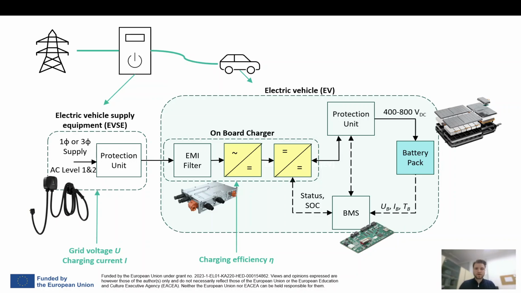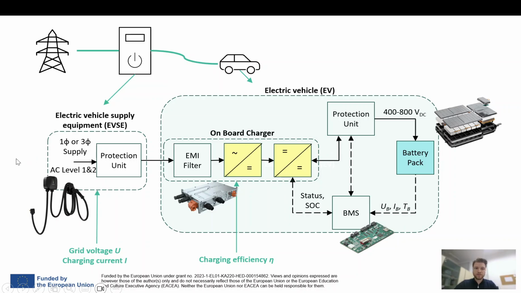Then we talk about the onboard charger that is housed in the electric vehicle. As we're going to see, what we need is the charging efficiency of this element. The charging efficiency is required because there are some conversion losses. We're going to have various losses across this chain of elements.